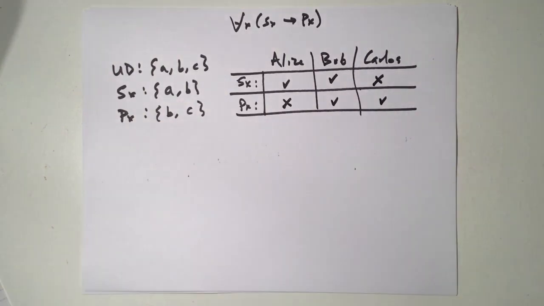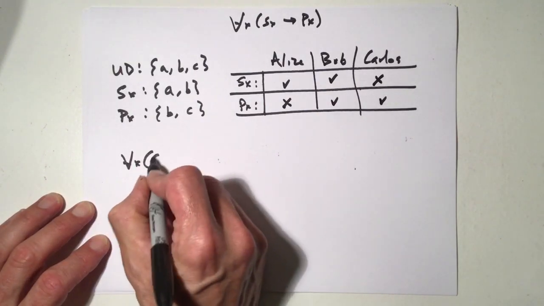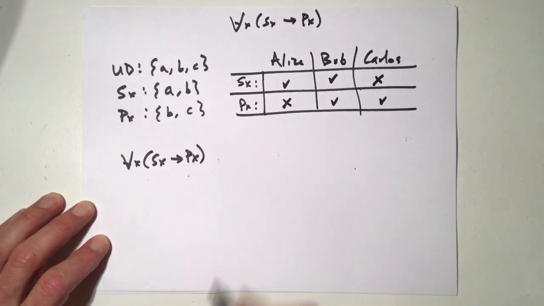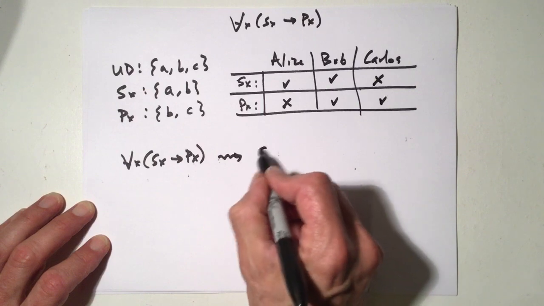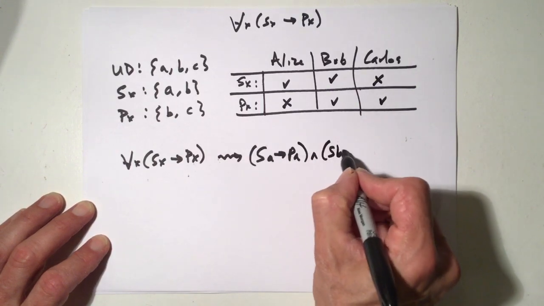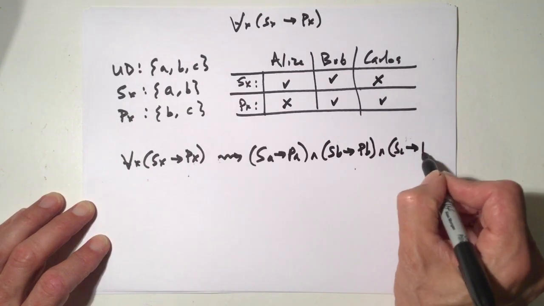Carlos is in the list of people who are philosophers. Okay? So that's the interpretation we're looking at. And now, let's do exactly the same thing to calculate the truth value of for all x, if Sx then Px. And this is going to become Sa then Pa, and Sb then Pb, and Sc then Pc.